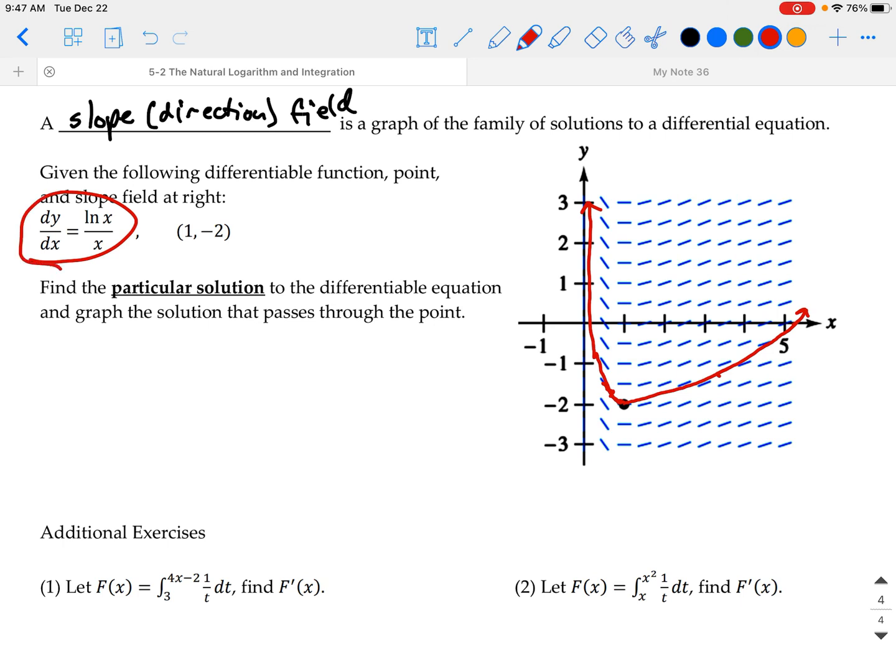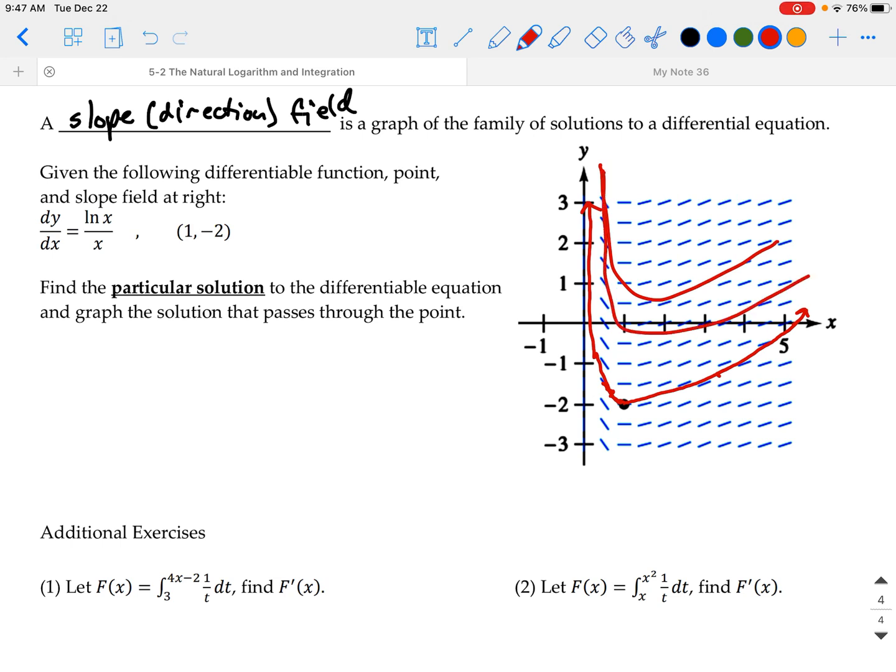And note we've been given the differential equation over here. So all these blue tick marks on the right are derived from this natural log of x divided by x equation. All right, so that red curve is a particular curve that satisfies the solution, but remember that there's an infinite number of these, right?